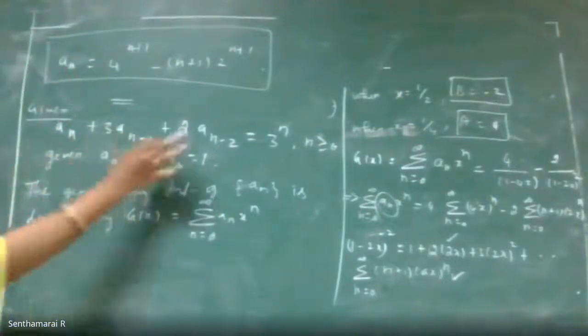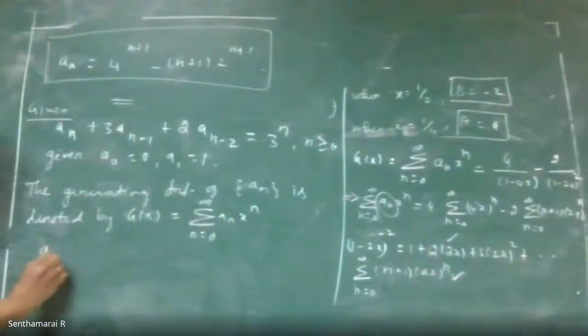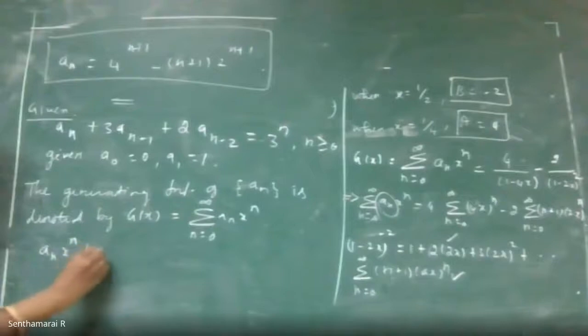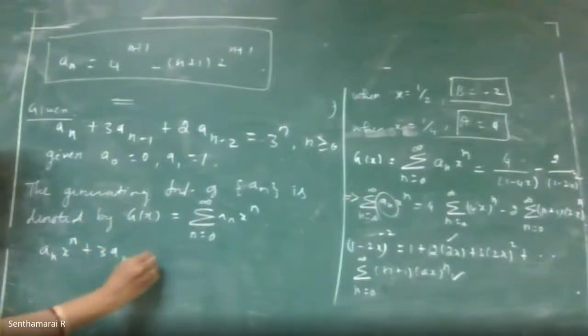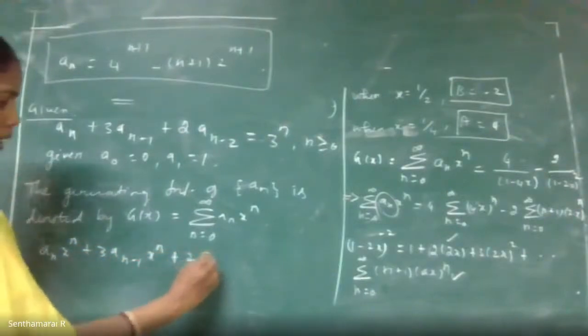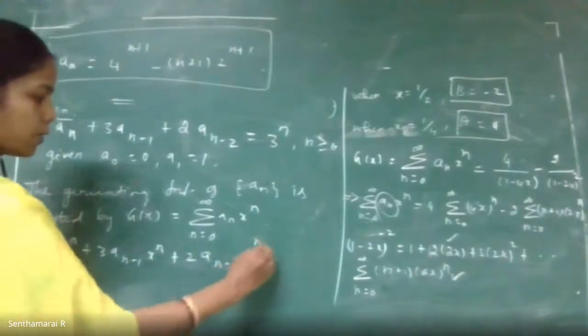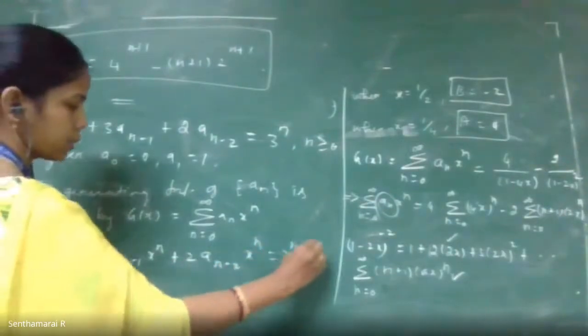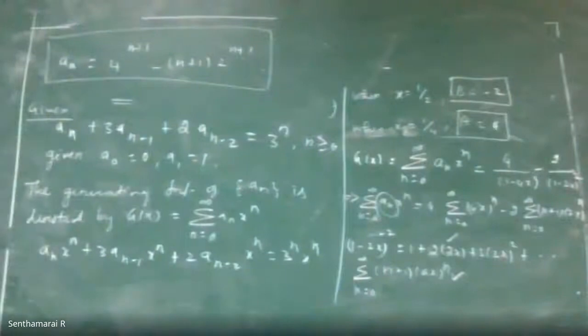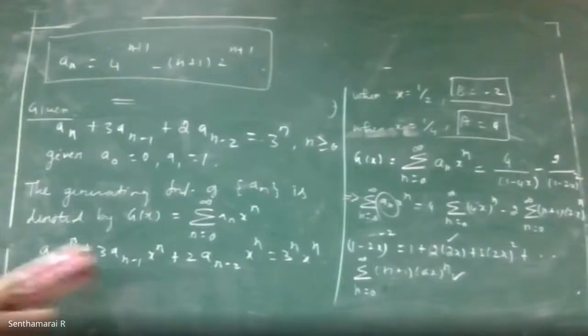Now you multiply x power n on both sides: an x power n plus 3an minus 1 x power n plus 2an minus 2 x power n equal to 3 power n x power n. Now you take the summation over n equal to 2 to infinity throughout the equation. You will get, I write it at that side.